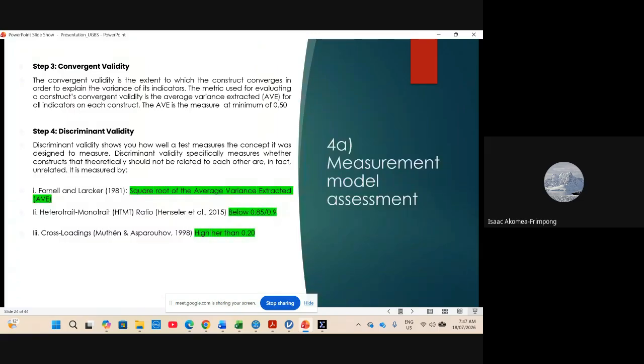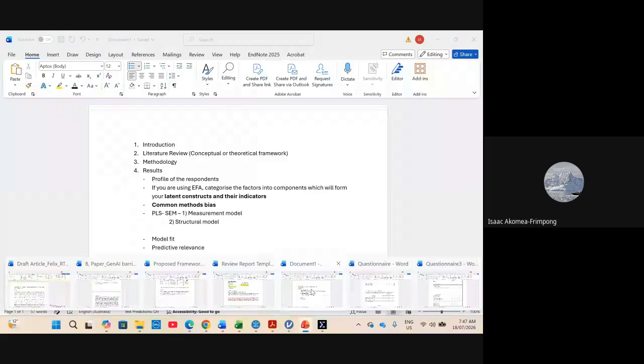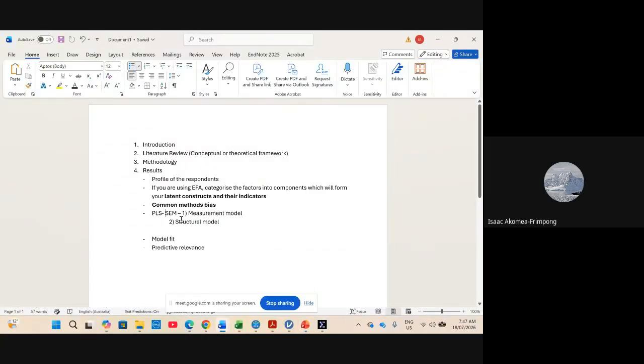Okay, so basically these are the things you need to know about the measurement model. Report all these things about the measurement model. That's the first part. Now the measurement model has been reported, what next? The next thing to report is your structural model. The structural model looks at the relationship between the constructs.